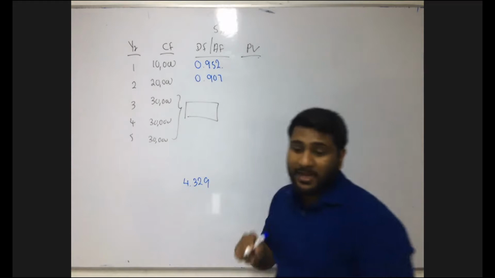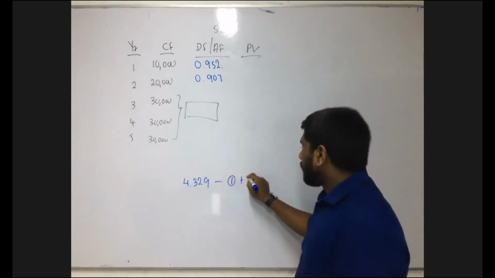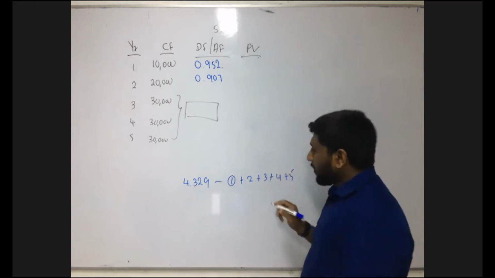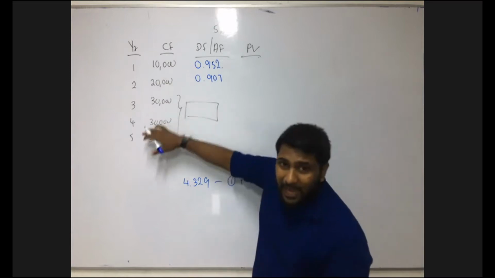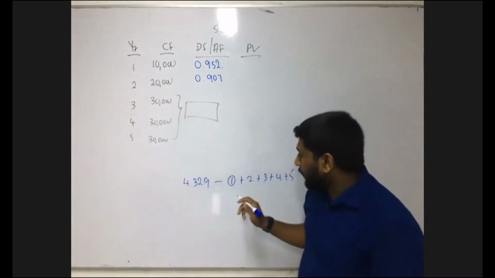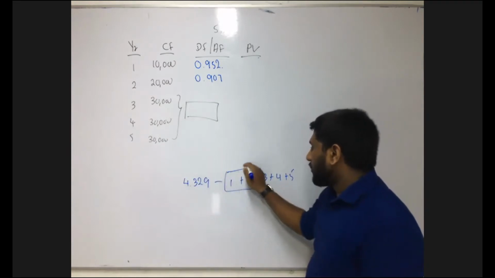4.329 is the addition of the first 5 years: 1 plus 2 plus 3 plus 4 plus 5. But for your calculation, you need only 3, 4, and 5. So remove 1 and 2, as they are not required.